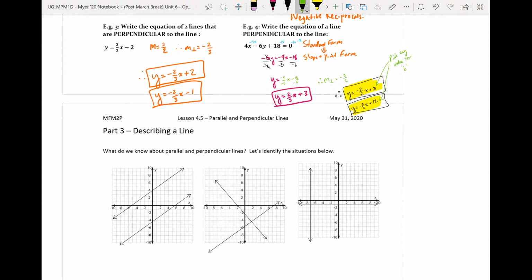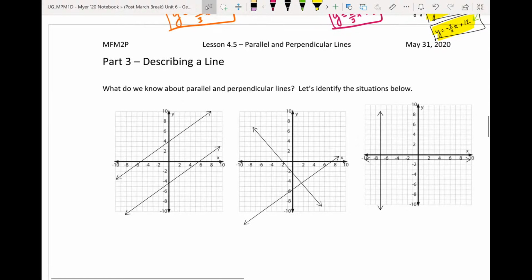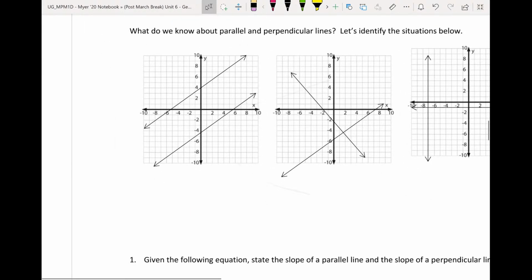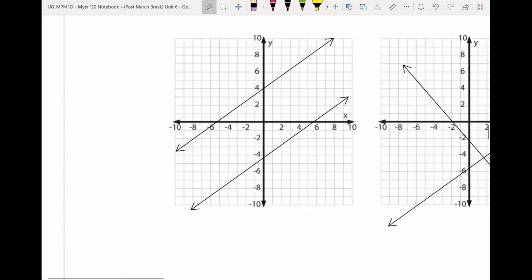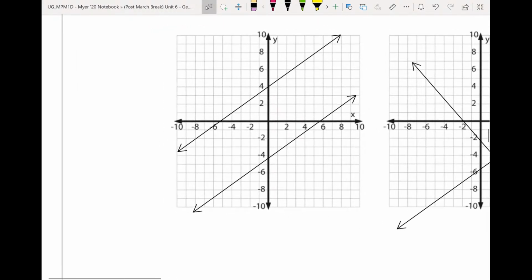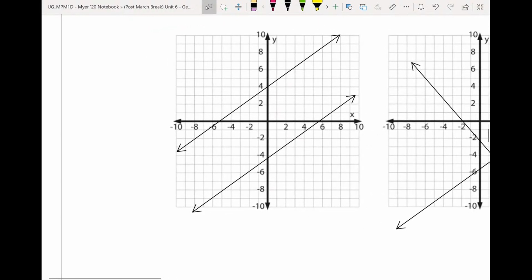Okay, so let's do a quick recap here. This will be pretty easy, and this is something you might see on a test just to get some easy marks for you. These two lines are what? Are they perpendicular or parallel? Yeah, they're parallel. Awesome.